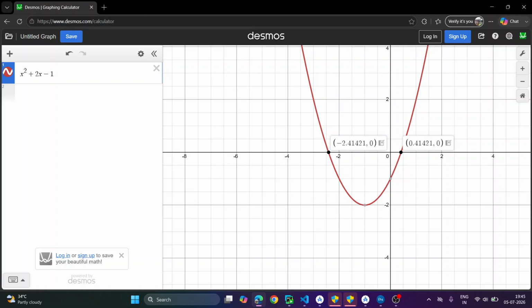And here that's root 2 minus 1, 1.4 minus 1, which is 0.4, right? So like that you can find these. So you don't need to do all the stuff. You can just find them using decimals.